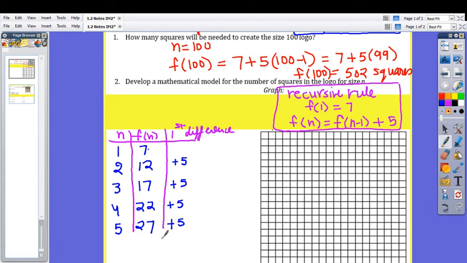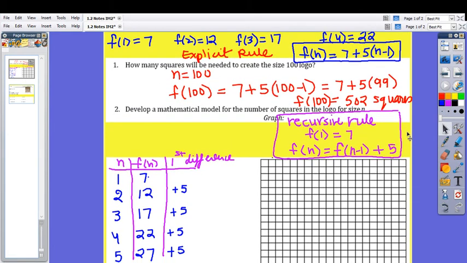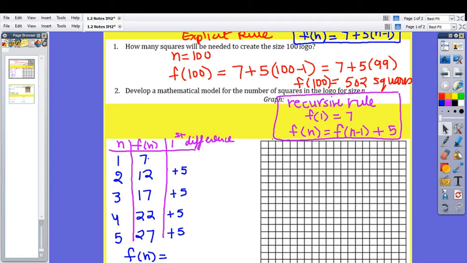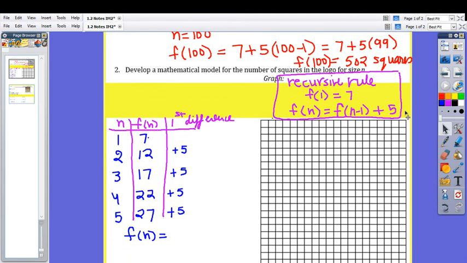We figured out already that our explicit rule was, so we did f of n, and it's right here, we just did that. So f of n is 7 plus 5 times n take away 1.